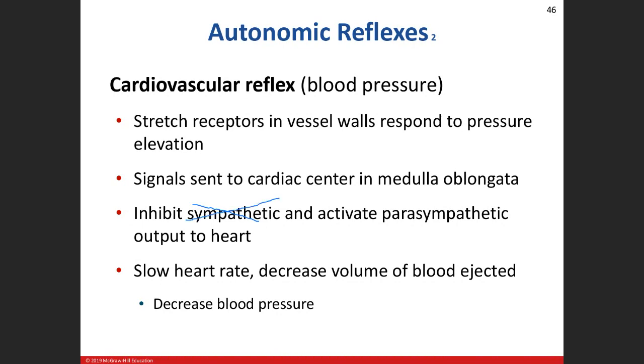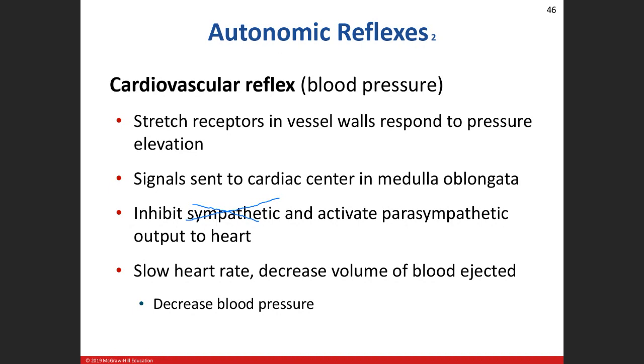Because what does the sympathetic nervous system do? We just got done with it. We were talking about how it affects blood vessels. If we inhibit the sympathetic nervous system, it's going to release less neurotransmitter, causing some vasodilation of the blood vessels. But what else affects blood pressure? The heart does.